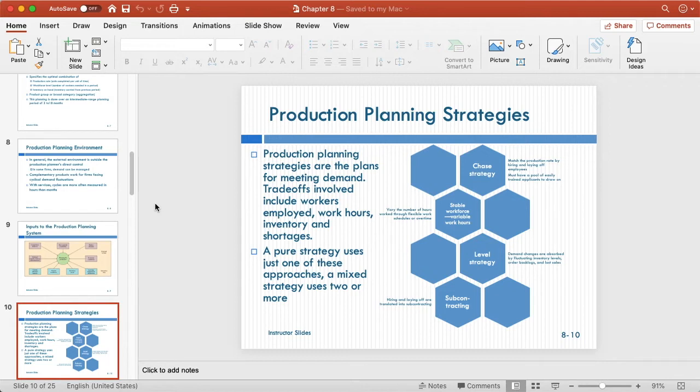If a company only uses one strategy, we call it the use of a pure strategy. But in real cases, sometimes the company uses a mixed strategy. What is meant by mixed strategy? You may use more than one strategy that we just discussed. They may use, let's say, the chase strategy with the level strategy.